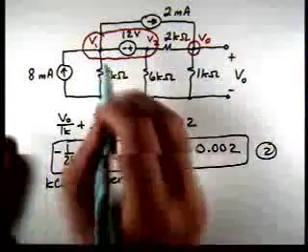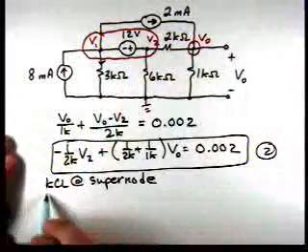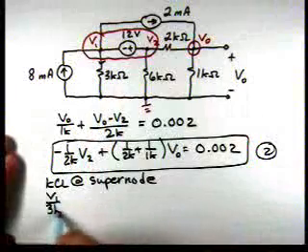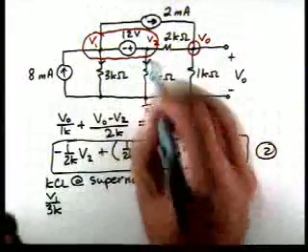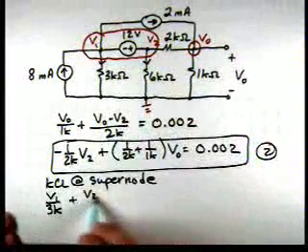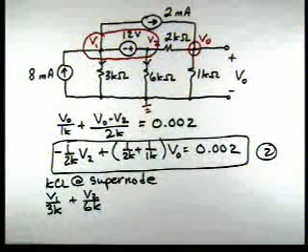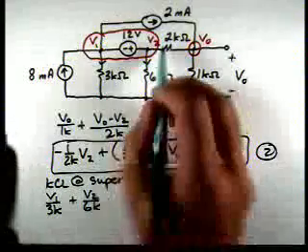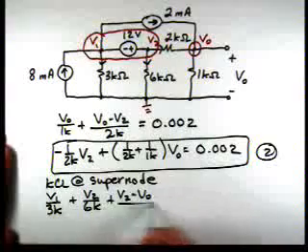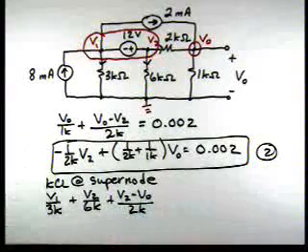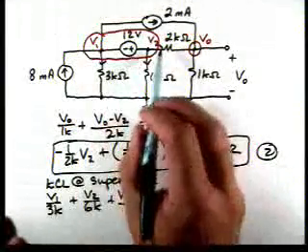So if we start, for instance, here we'll have V1 over 3K. That current's leaving. Here's another current leaving, that's V2 over 6K. Then we have another current leaving, V2 minus V0 over 2K. And that's all the currents leaving through resistances.